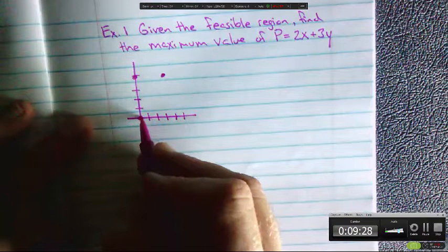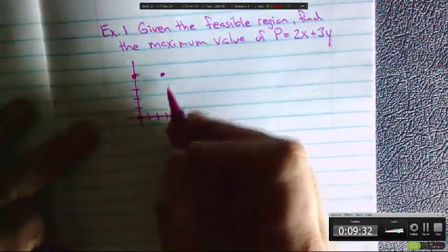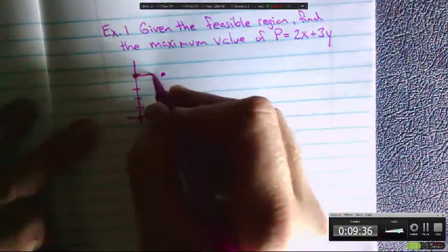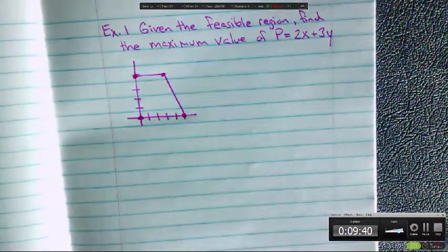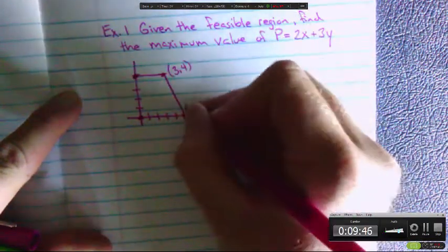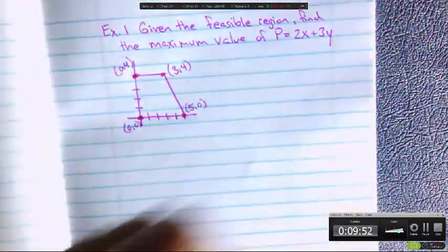So we have a point at 0, 0, we have a point at 0, 4, we have a point at 3, 4, and we have a point at 5, 0. This is at 3, 4, 5, 0, 0, 4, 0, 0.